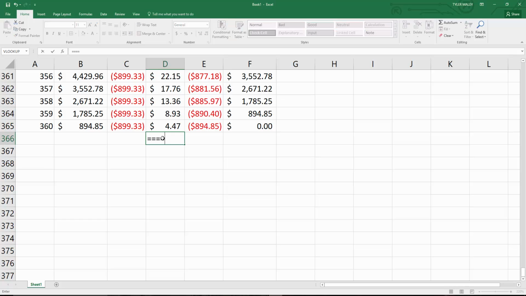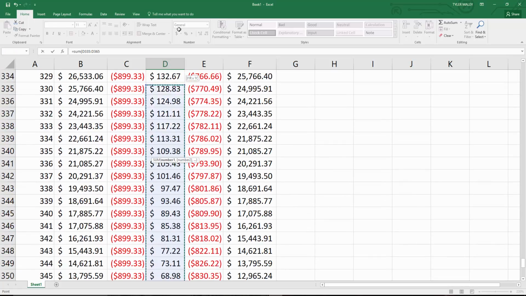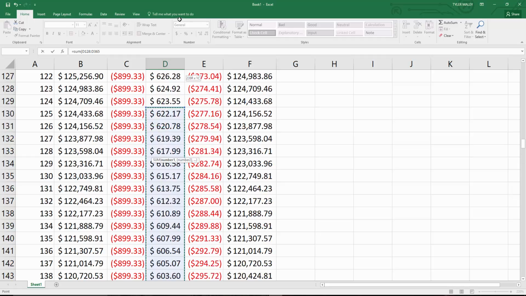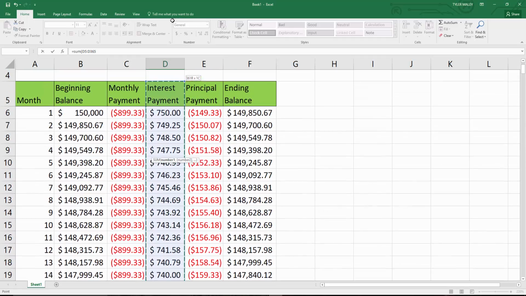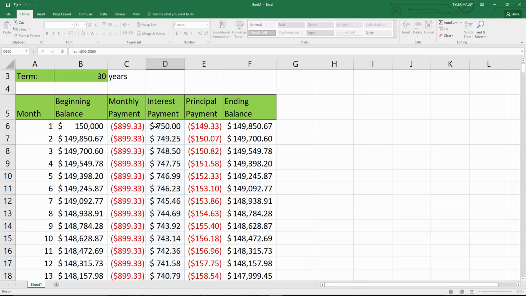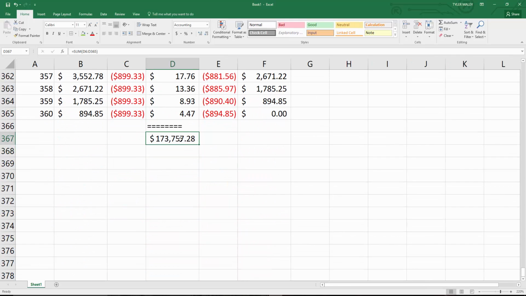I like to do this when I do sums: if you hit a bunch of equal signs, I use that as an equal symbol when you add, when you find a sum. So then we can do sum. I want to add up all this interest that we paid, so all of column D. So this is the total amount of interest that we paid.